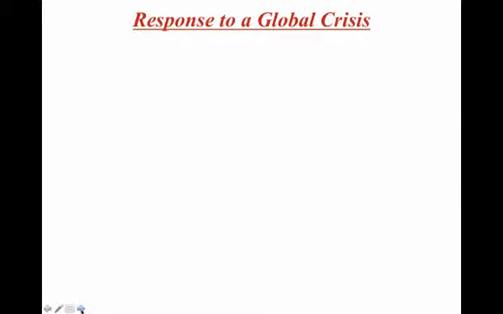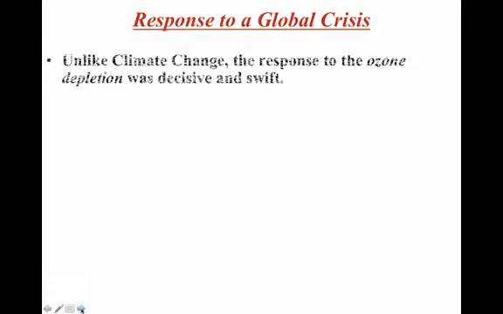Now, we're going to talk later about the global response to climate change, trying to control the increase of man-made greenhouse gases. But let's look now at the response to the ozone thinning.